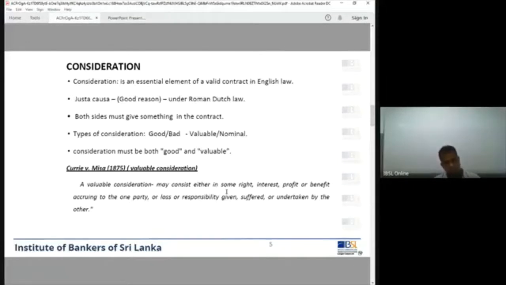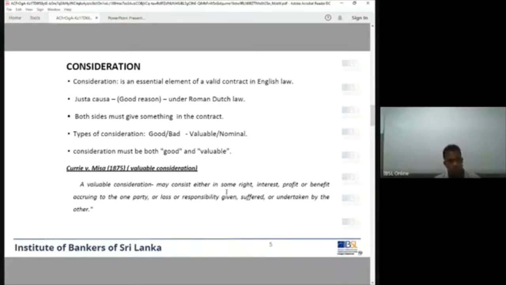After the British came, they also followed the Roman Dutch law, but they introduced English law for certain areas which were not governed by Roman Dutch law. Now, in Sri Lanka, we have a mixed law system. We have Roman Dutch law, English law, Kandyan law, Thesavalamai law, Muslim law. Likewise, it's a mixed law system of the country.